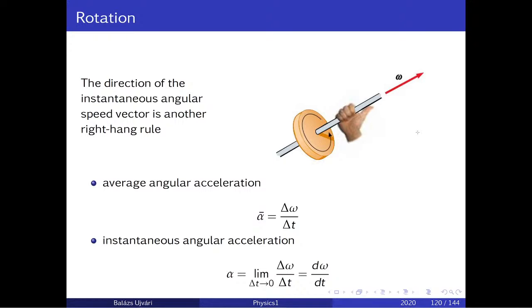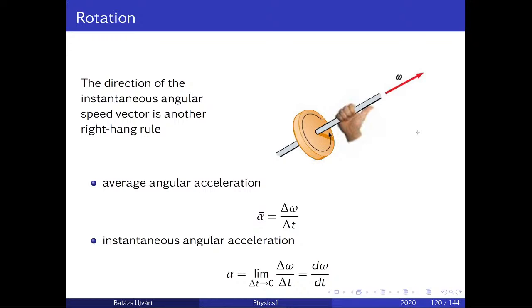So for example, if you look at a cylinder that rotates like that, the angular velocity points in that direction. So this is again a right hand rule. The angular acceleration points according to this simple plot, and if we increase the angular velocity, that means it will be longer and longer but point in the same direction.